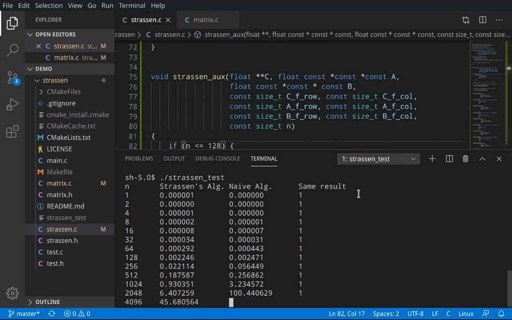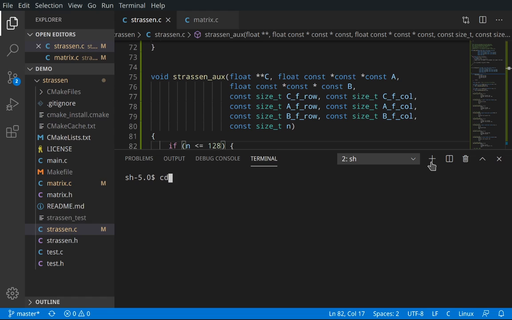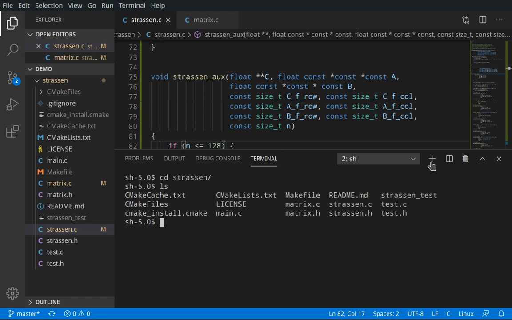So I decided to implement a different version of the Strassen algorithm, and you can reach it by pulling from the Git repository the last version of the code and going to a different branch, which is the more structured branch.